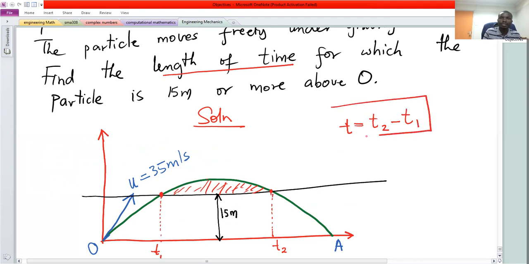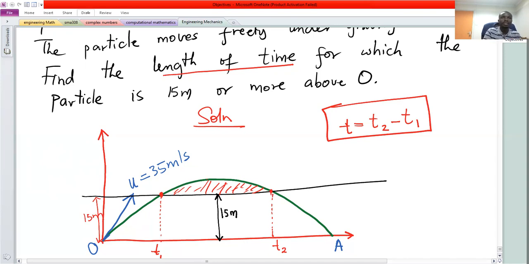That would be the length of time for which the particle will be 15 meters or more above the starting point O. Remember, this is still 15 meters. As usual, we resolve the velocity projections both in the horizontal and the vertical directions.